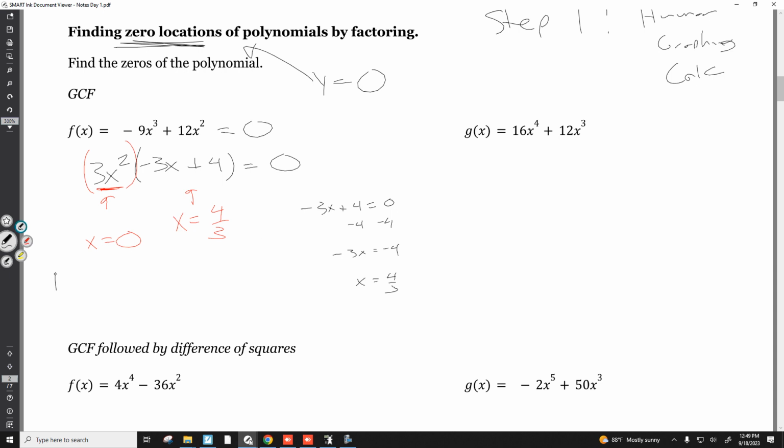Quick little heads up. If it was 9x plus 12, and you factored out a 3, if you have something outside the factored form, it doesn't mean 0 is a solution. Having this 3 here does not mean x equals 0 is a solution.